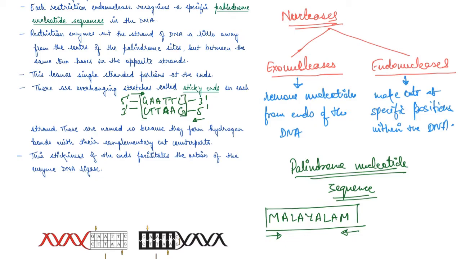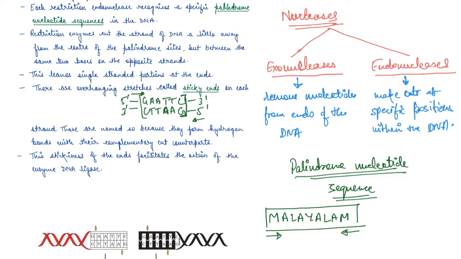We are not talking about reading the same strand; we are talking about reading the complementary strand. So if I read from 5' to 3', it is GAATTC. If I read from 3' to 5', it is GAATTC. Since the sequence is the same whether we read it forward or backward, this is known as a palindromic nucleotide sequence, right?